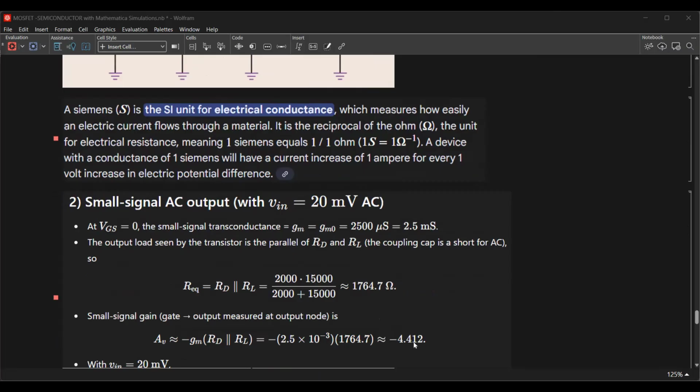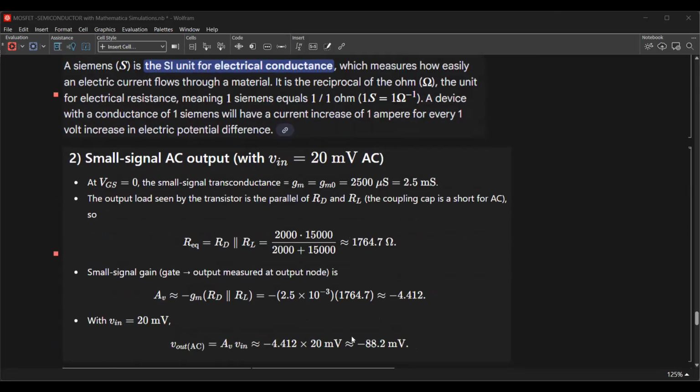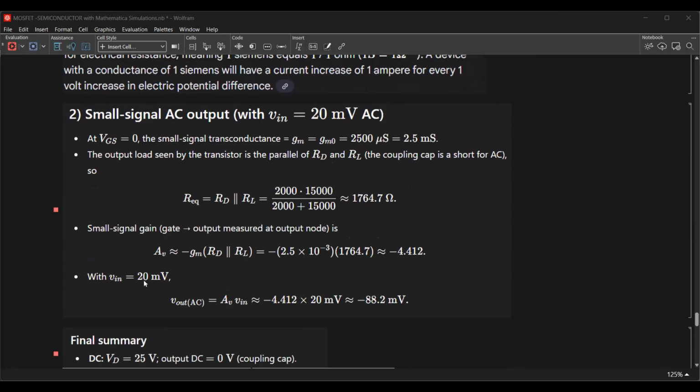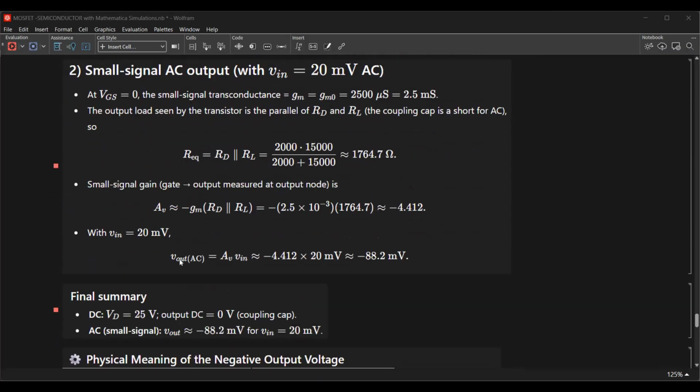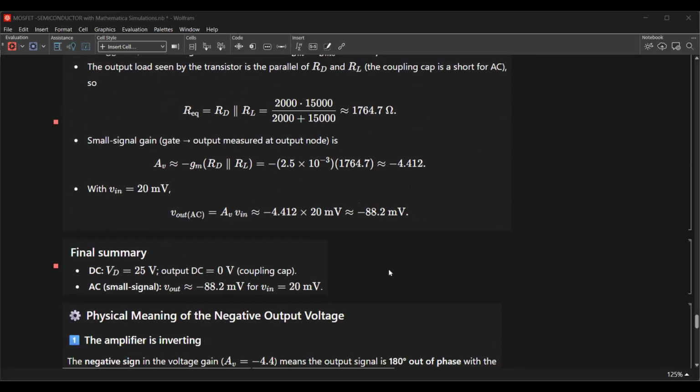That's the value of the small signal gain, gate to output measured at the output node. So with the input given by 20 millivolts, our V out AC is equal to the gain times Vin, where the gain is the small signal gain. So negative 4.412 times 20 mV equals negative 88.2 mV.